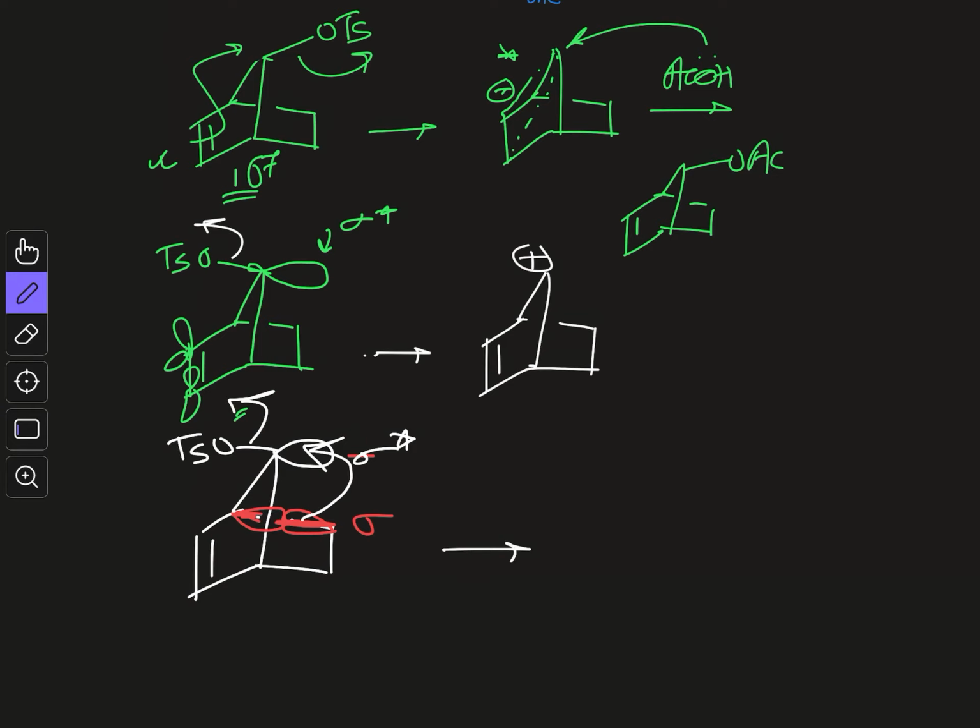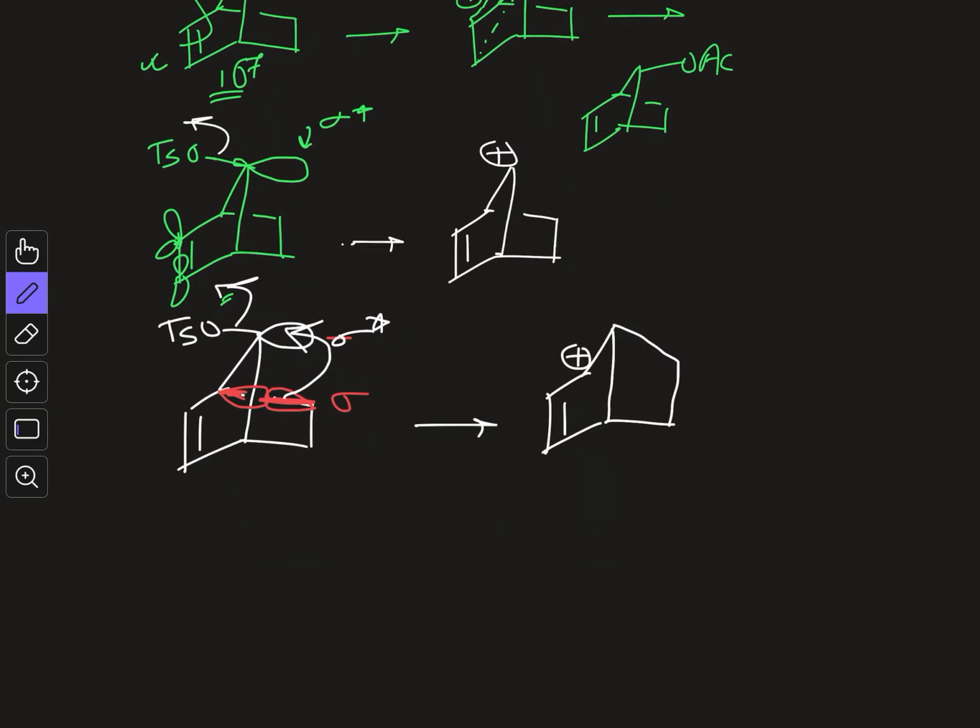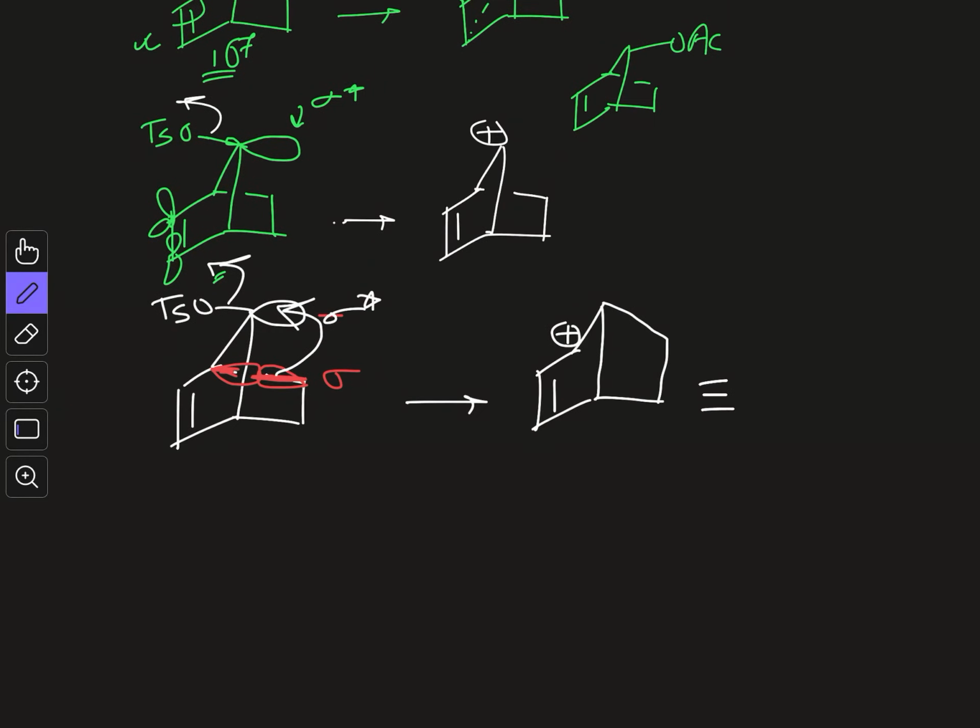From this what you will get is something like this. Here you have this situation, and it will grow positive charge over here. Now if I write it in a proper way, it will look something like this.